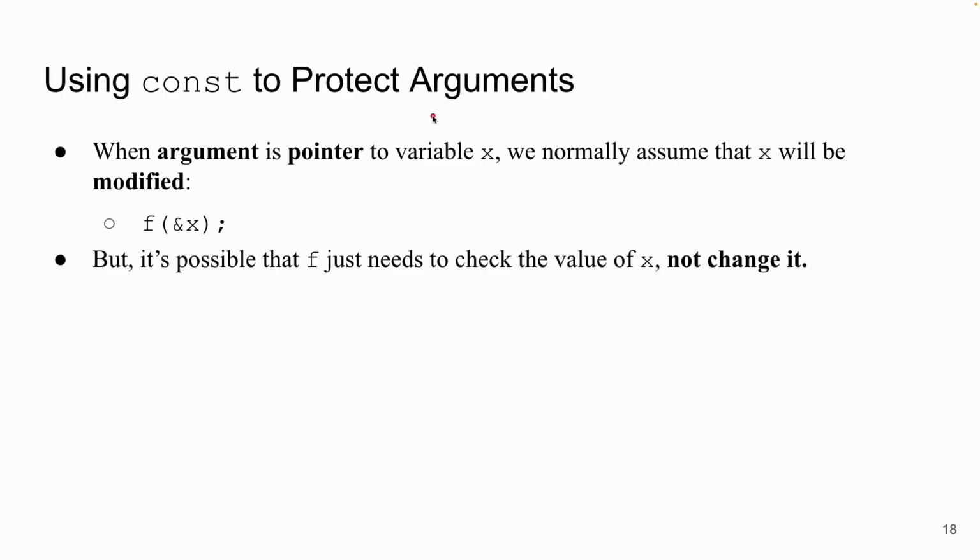for most of the time when we pass a pointer to a function, we normally assume that the function will modify the argument here. But it's possible that the function just needs to check the value of x, not change it.